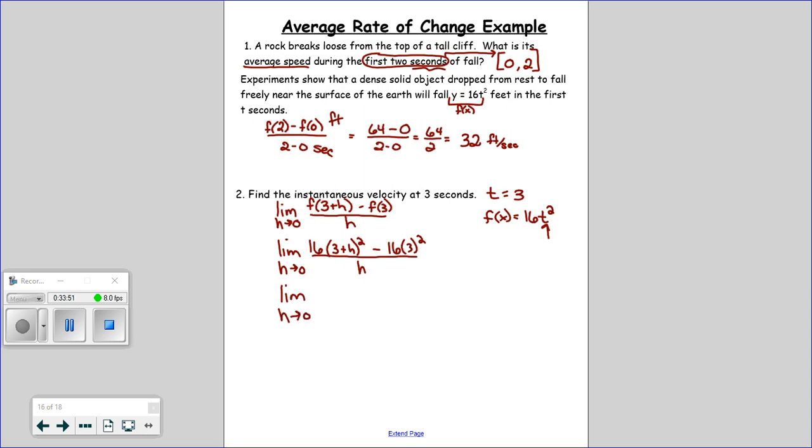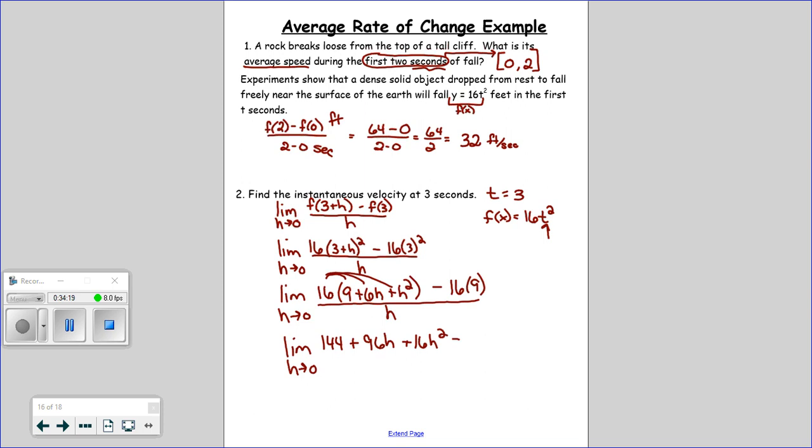So first of all, as I FOIL that, we're looking at 9 plus 6h plus h squared. 3 squared is 9. Distribute the 16 through now. Let's see, 16 times 9 is 144 plus, I think, 96h plus 16h squared.